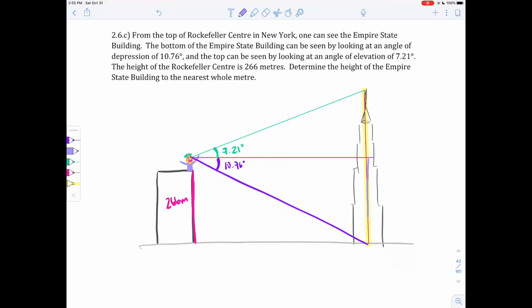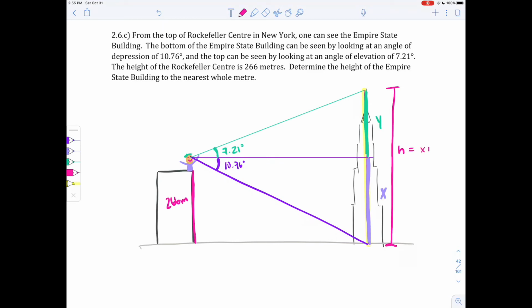Well, what you might notice is, because I have two triangles, I can find this piece of the height, which is x, and I can find this piece of the height, which is y, and add them together to get my height of the Empire State Building.